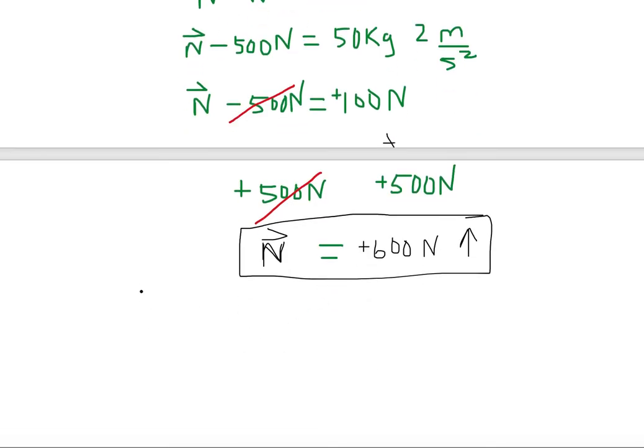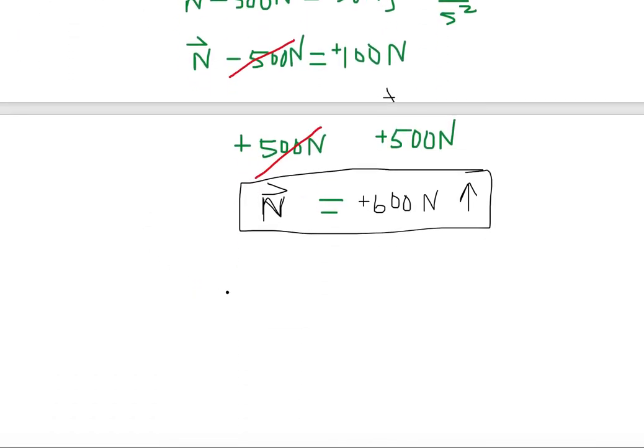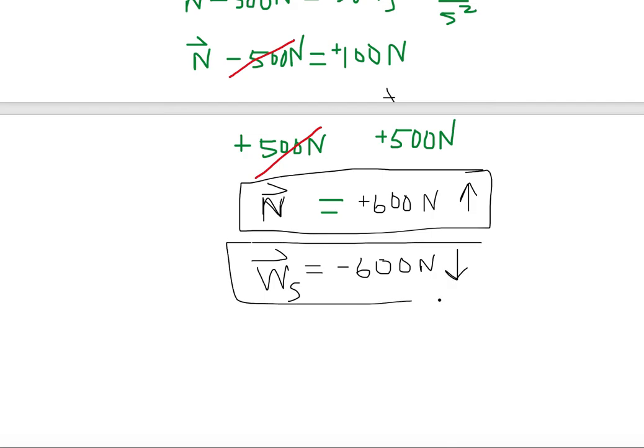Since the normal force is going up, the weight must be going down. We have to say the weight that is read on the scale, to answer the question. The weight on the scale is going to be negative 600 newtons. Remember, the weight is going down. Weight doesn't go up. So we answered the question here, and I'm going to double box this one.